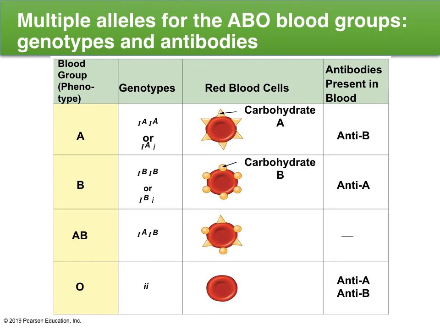They'd bind them, and you wind up forming clumps and clots, right? So there would be an immune response against that. So a person who has A has anti-B. Conversely, if a person has B, they have anti-A. A person who has AB has neither, right? Because they get both carbohydrates, so they don't have either antibody.